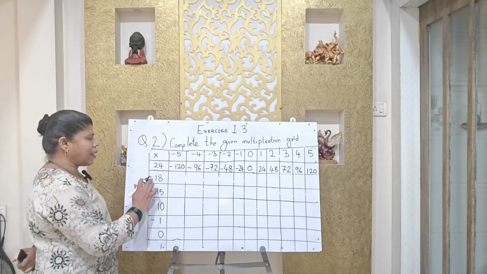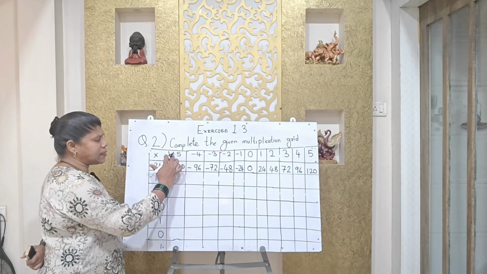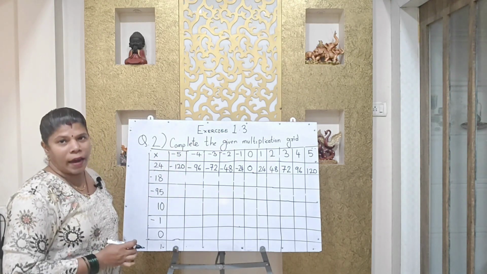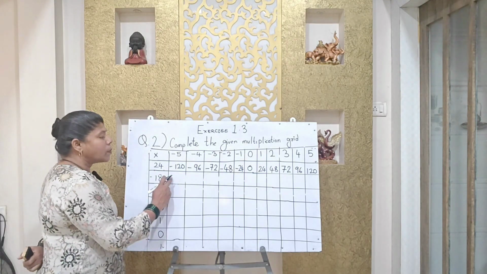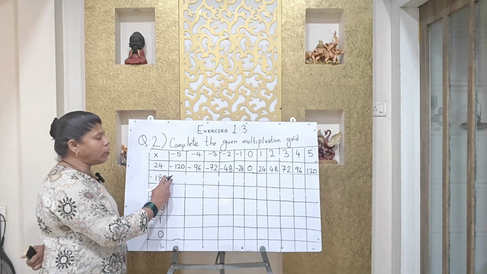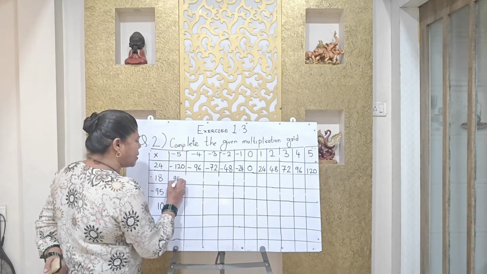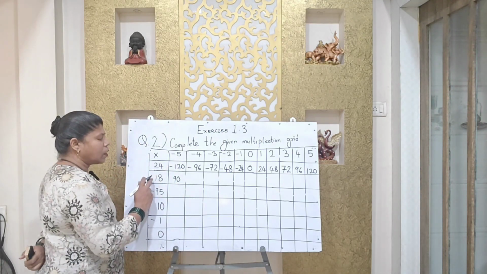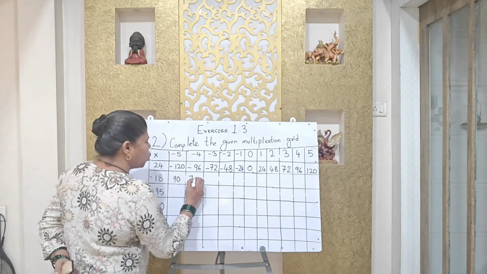Again, minus 18 and 5. Now let's see the sign. This minus, this minus. Same sign, addition. We have learned the rule, same sign, addition. So, your positive sign, and there is no need to write the positive sign here. 18 fives are 90. 18 fours are 72.